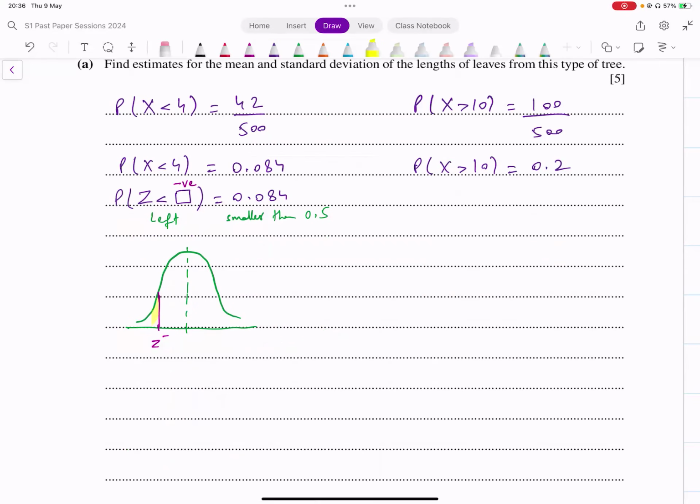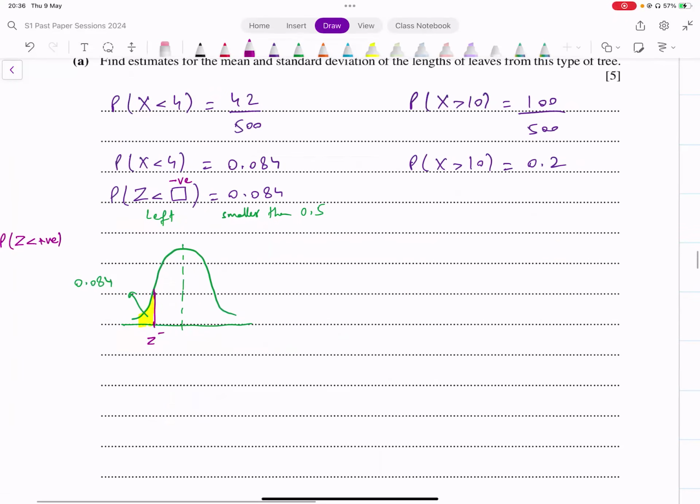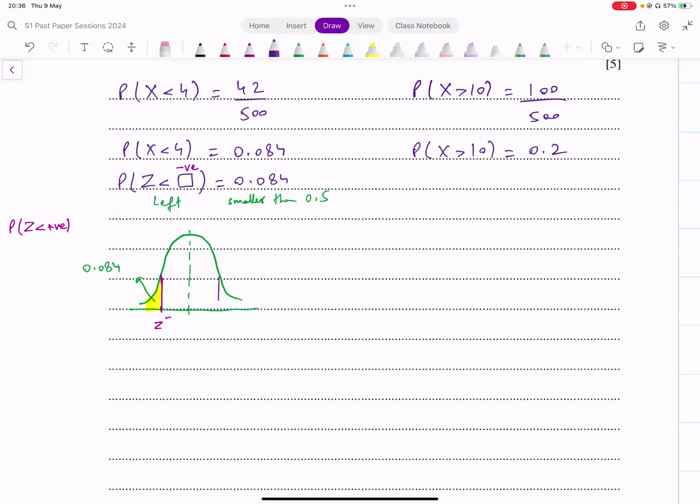And we're given that this area is how much? 0.084. Now, this is not the standard form. We can't use the table for this. For using the table, we need this form, Z less than a positive number. So what do we do now? We flip this first of all. If we flip this, we say, this is the corresponding positive value of Z. This area is also going to be the same.